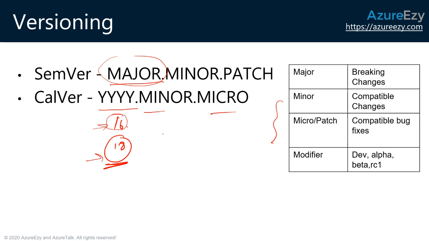So previously it was 1.2.3. Now the developer has released 2.0.0. Then when I am upgrading from 1.1 to 2, I know that this is a major change. There might be some breaking changes, so I might have to look into the change sheet.